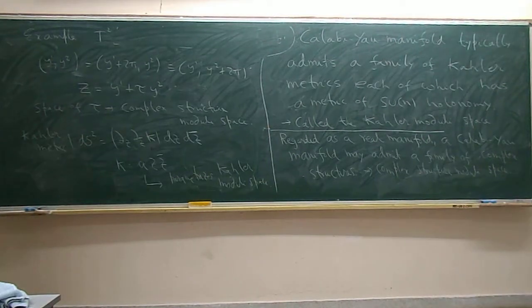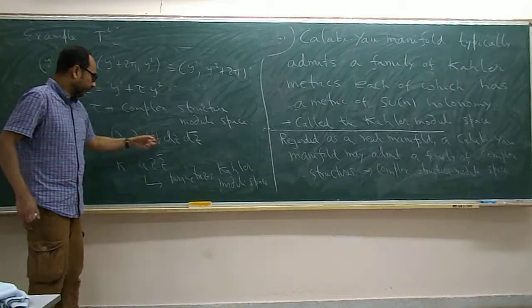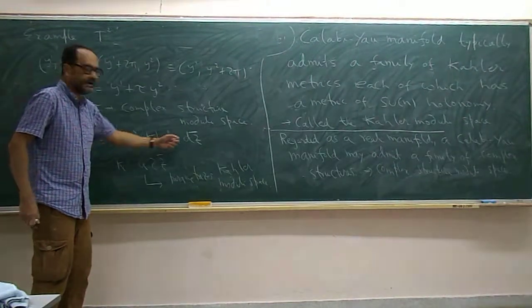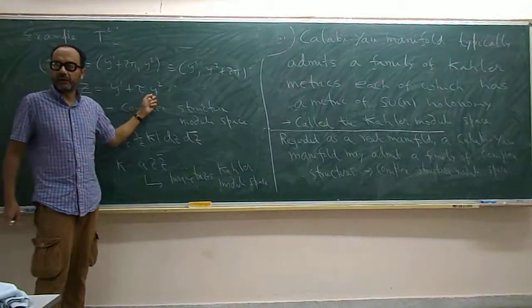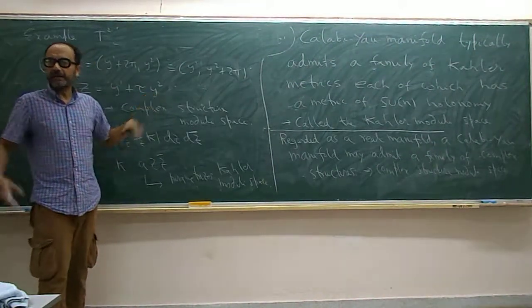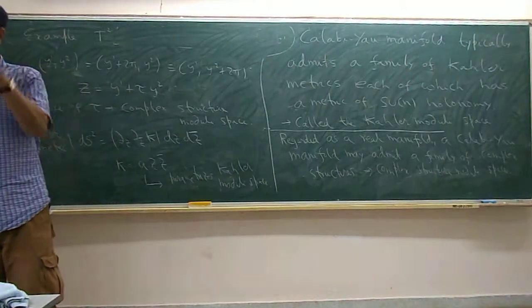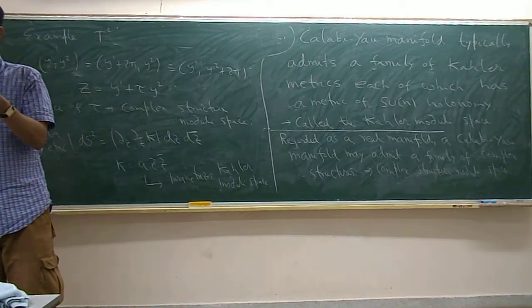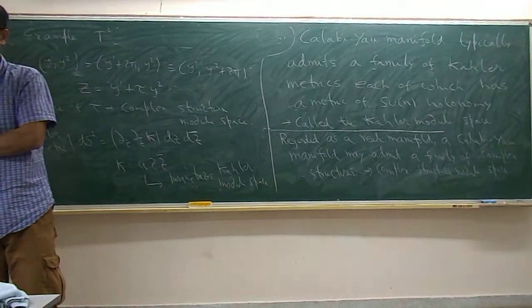Is this clear? If you write z, say I have written it this way, but the metric is just A dz dz bar. Now you just write z in terms of y1 plus tau y2, and write the metric in the y1 y2 coordinate system. What you will get is a 2x2 constant symmetric matrix, and that's the most general parameterization of the allowed metric on a two-dimensional torus.